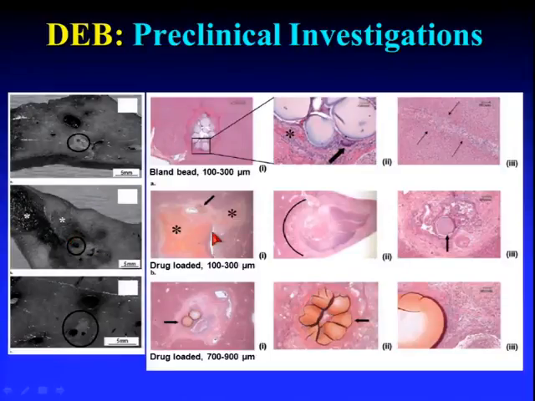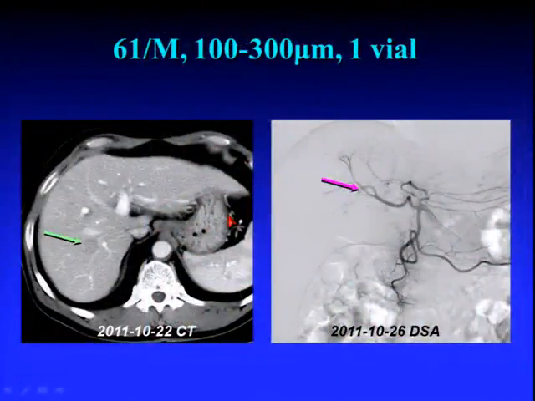Macroscopic and histopathologic study also demonstrated severe portal tract injury, bile duct necrosis, and hepatic infarction in small-sized DEB-TACE. But in large-sized DEB-TACE, the liver was not severely damaged. So, the lesson from the preclinical study is that non-selective, too aggressive embolization should be avoided to prevent bile duct and liver damage.